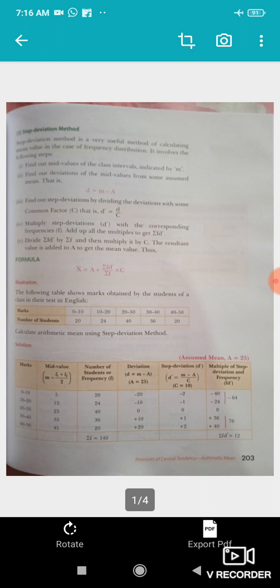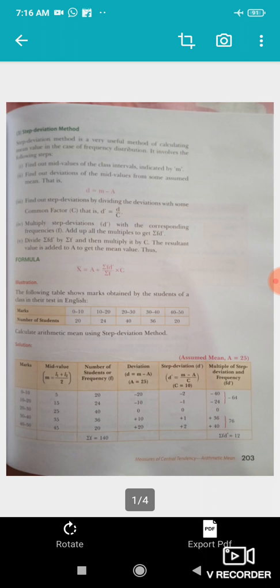Then what is summation fd complement? f is your frequency. d complement is what you get after dividing d by c, that is your deviations by the common factor. So when you multiply the frequency with the d complement, you get fd complement, upon summation of f, that is frequency, into c. c is your common factor.